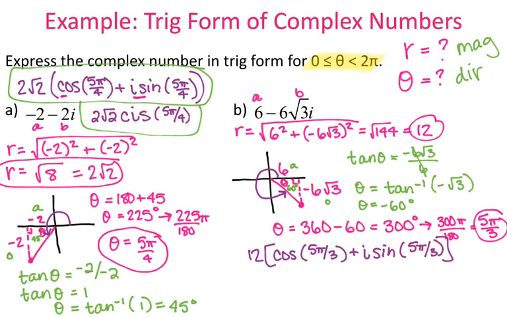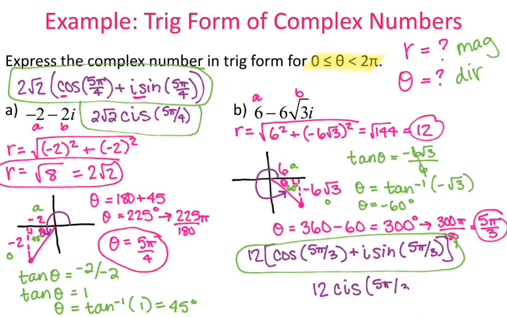So that is answer number 1. The nice long version, and I also have my short version, which is 12 cosine plus I sine, so CIS of the angle, 5 pi over 3. And that right there represents your 6 minus 6 root 3i in trig form.